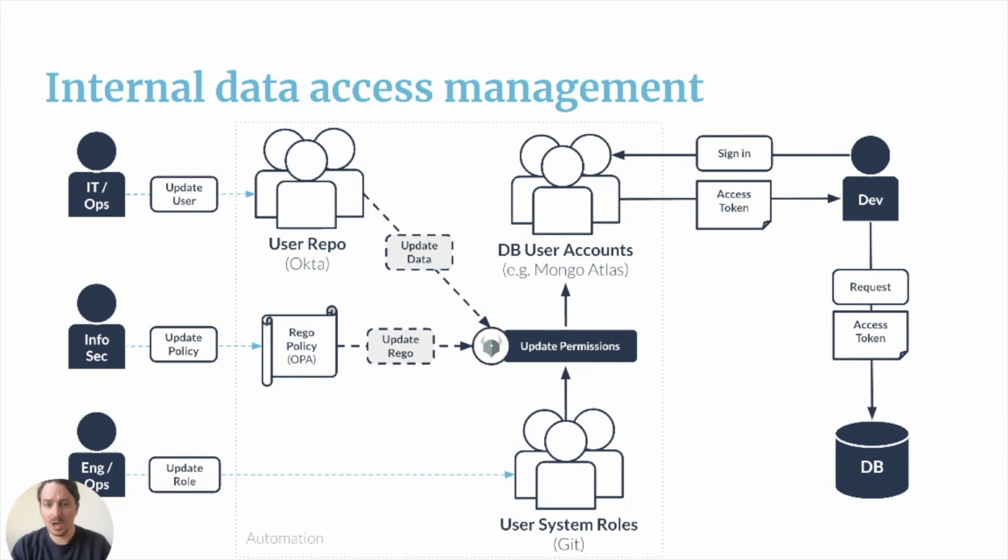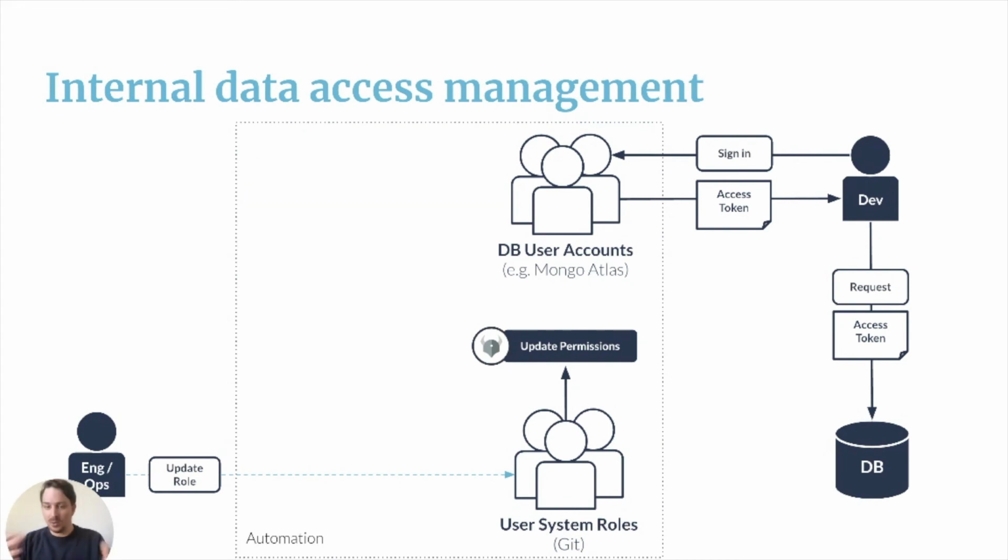And so what we do is we have all that together, and all of this is automated so that user information is automatically updated and pushed to the OPA daemon, and any changes to policy as well as updates to roles will trigger some of this automation to make sure that these are then propagated to Mongo Atlas via the Mongo Atlas API.